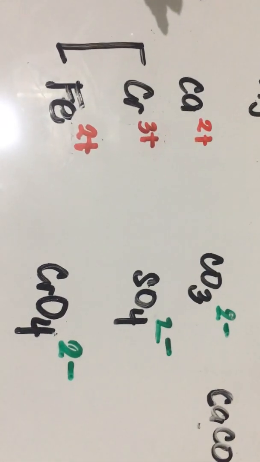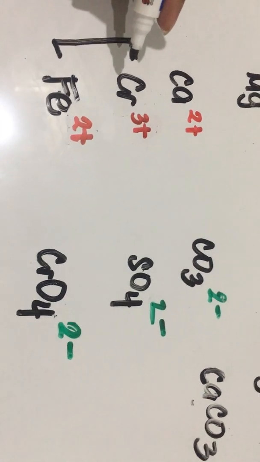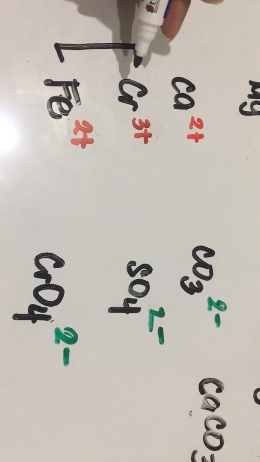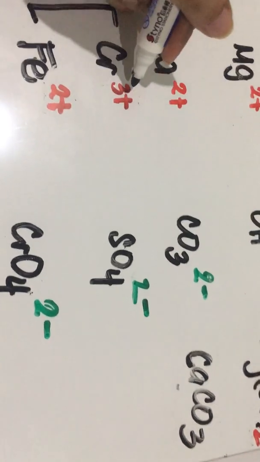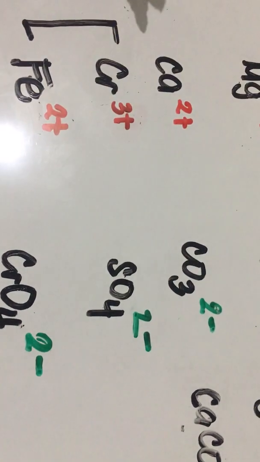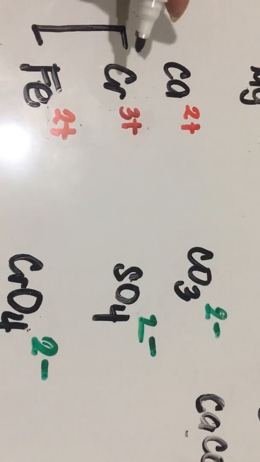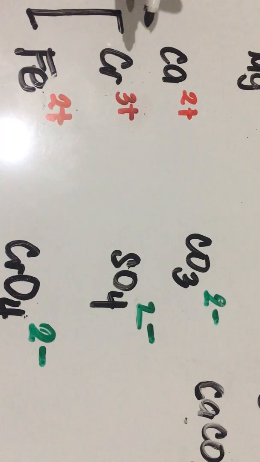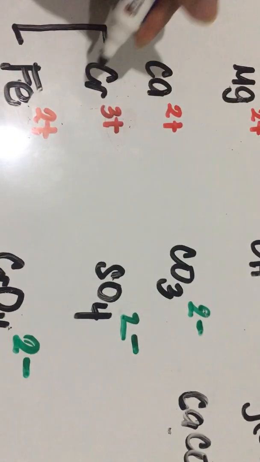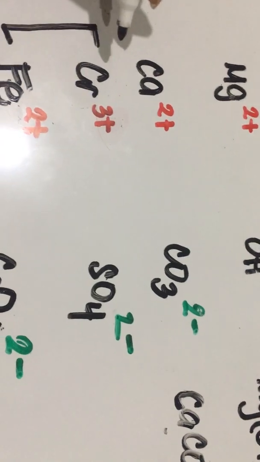So we apply the same principle in writing their chemical formula. We just have to do the crisscross, disregard the sign. So the 3 plus of chromium transfers to the sulfate ion group. Since it's for the whole group, we must enclose it in a parenthesis, and the 2 here transfers as a subscript of chromium, right?